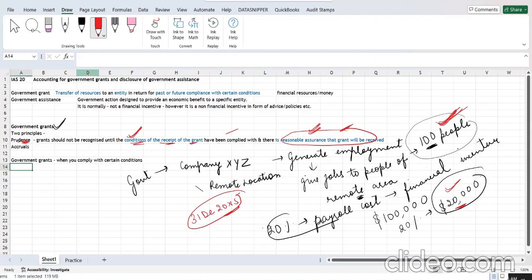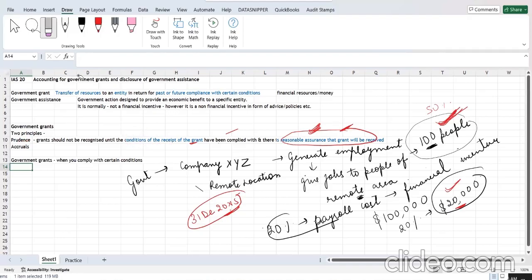If you are not sure, if you have only given jobs to maybe 50% of the people, then at this point you have not met the conditions of the grant. So you are not eligible yet to recognize the grant in your financial statements, right? So this is what is meant by the prudence concept.